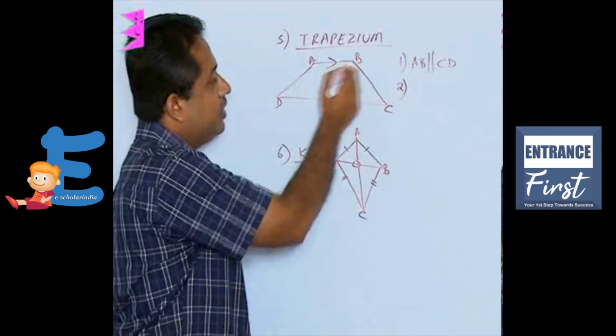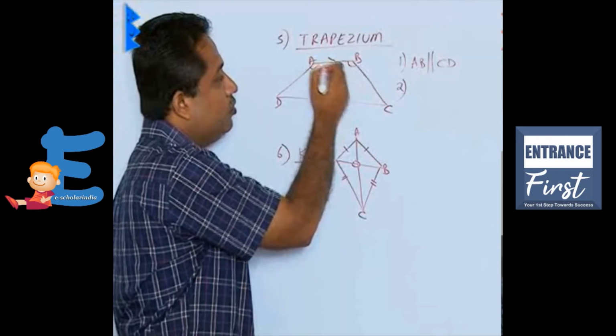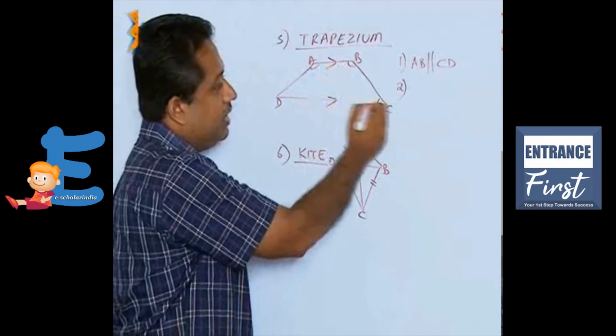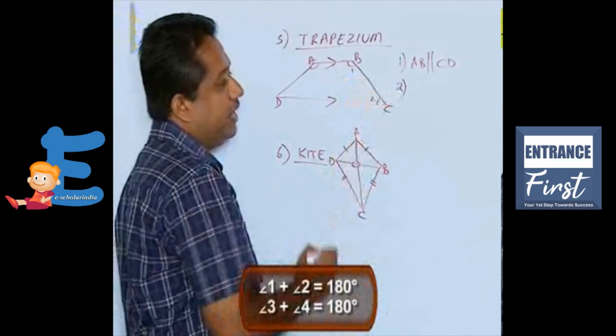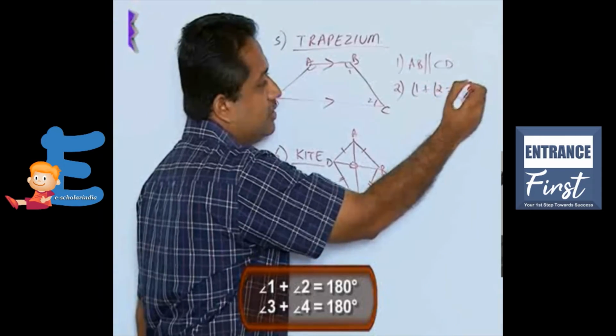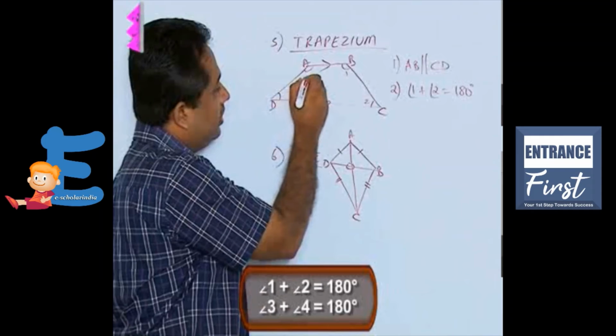Now, as observed, if these are parallel lines, then we can use the co-interior angle property here. If these are parallel lines, we can say that angle 1 plus 2 is 180 degrees, because the sum of co-interior angles add up to 180 degrees, and this process can be repeated here.